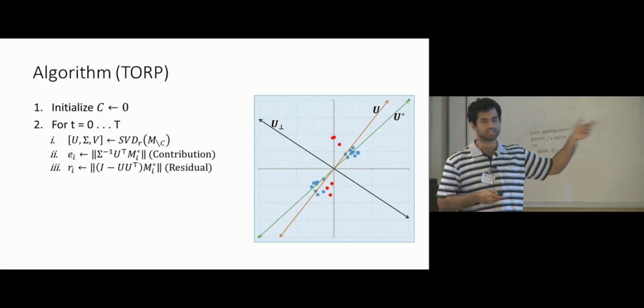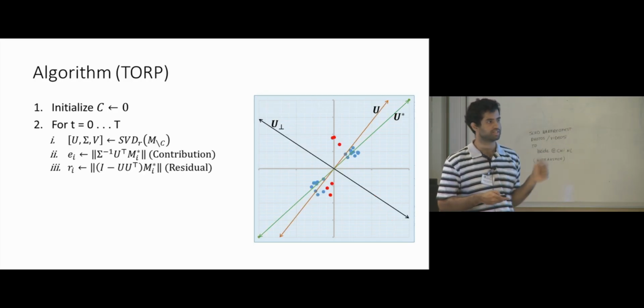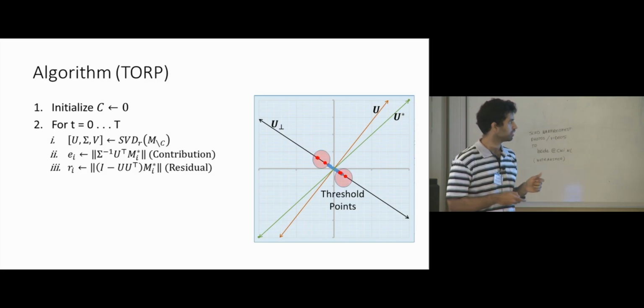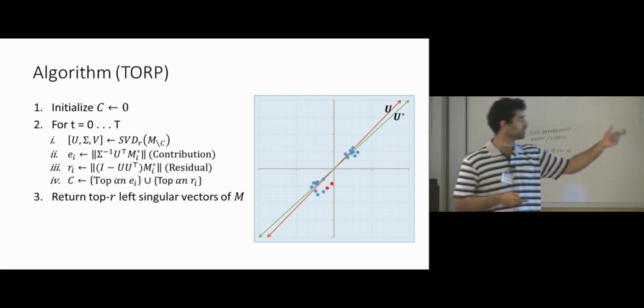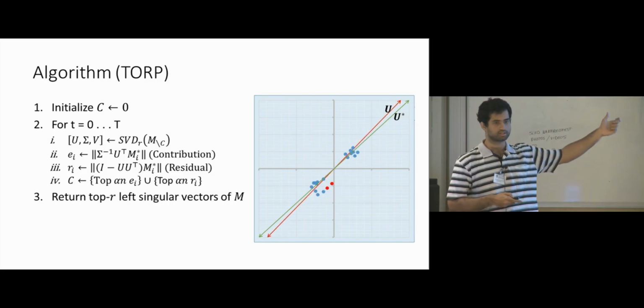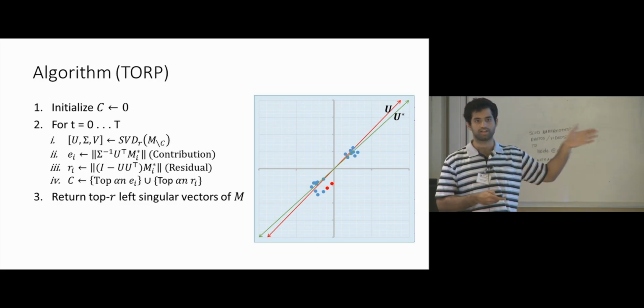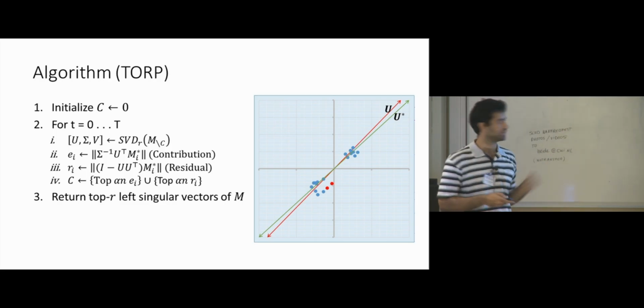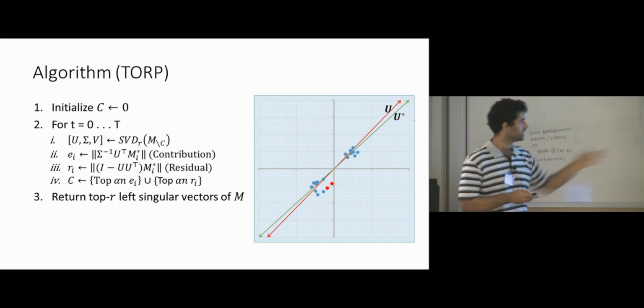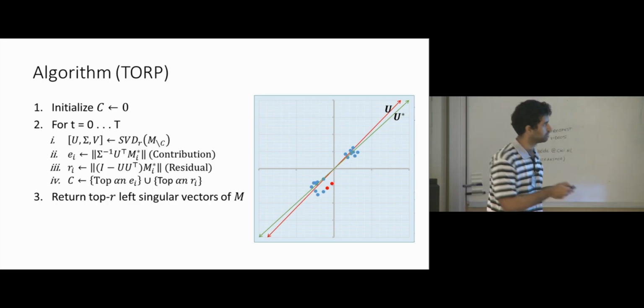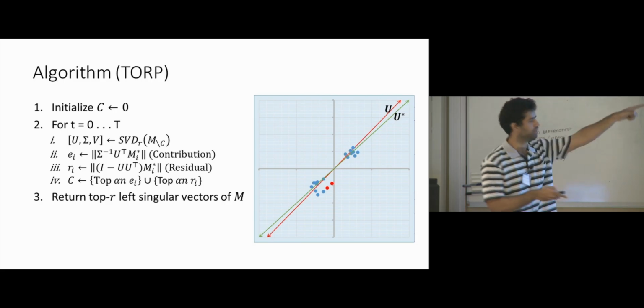And we also compute the residual of each point with respect to the estimated subspace. And we take a union of the top alpha n residuals and the top alpha n contributors, and that forms our outlier estimate for the next iteration. And at the conclusion of the algorithm, we return the top R left singular vectors of, this should be M bar C.